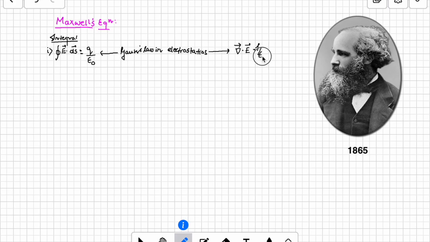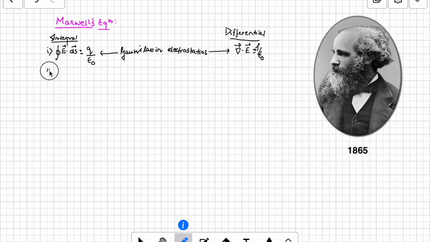We have also seen what the different forms are here, what is rho, what is q, and so on. I'm going to list that down at the end, but at this point of time we should actually remember what these values are. So this is my differential form of Gauss's law.